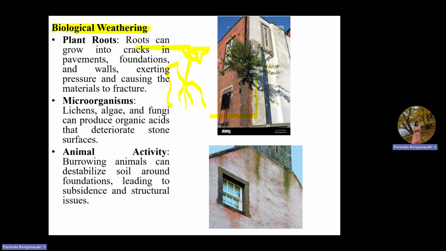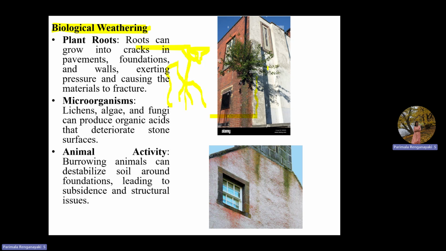So because of microorganisms also, weathering is taking place. And sometimes, mostly in alluvium, burrowing animals can destabilize soil around the foundation, leading to subsidence and structural issues. In smaller buildings, these kinds of issues can also happen.